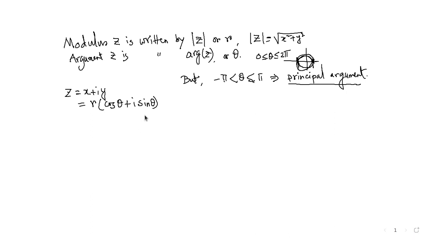So if you have any question, please ask. Sir, the principal argument, from minus pi to theta, will it be equal? Yes, this is minus pi and this is pi. Theta must be greater than minus pi and less than or equal to pi. This is called the principal argument.